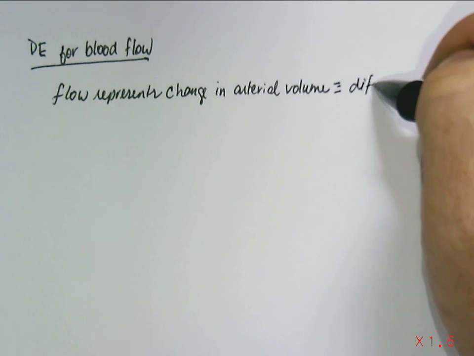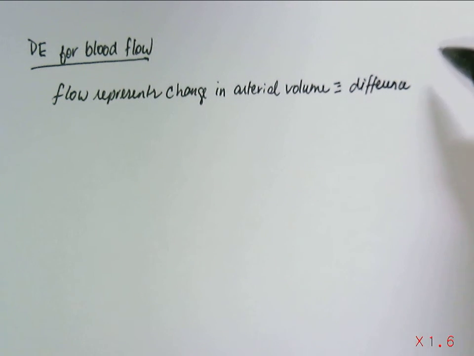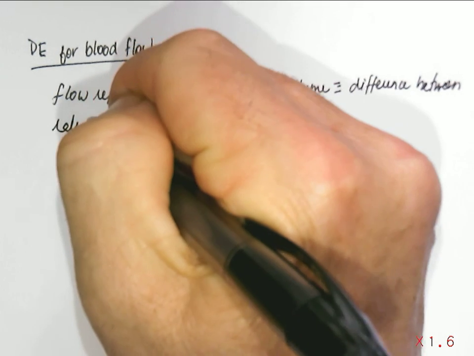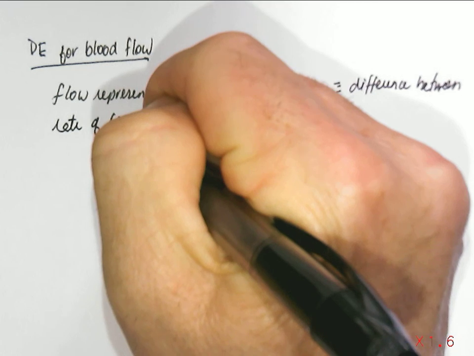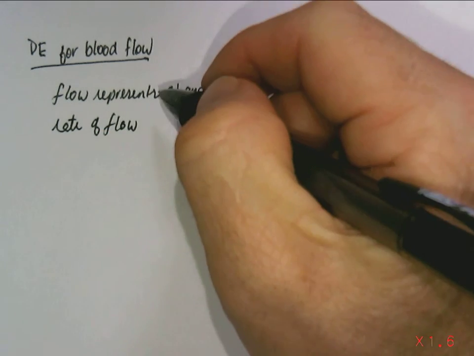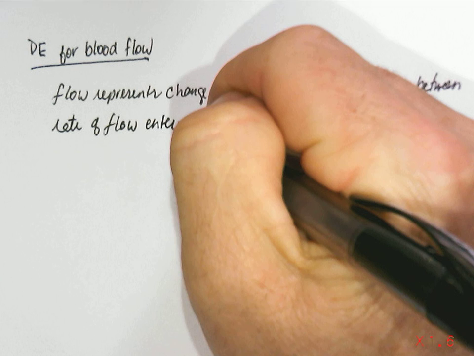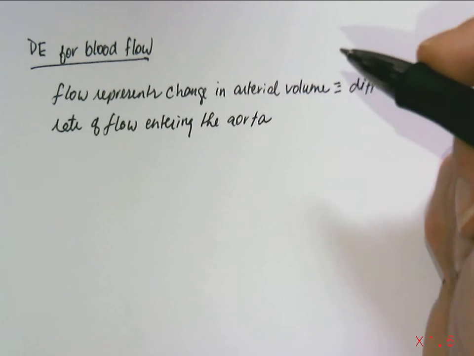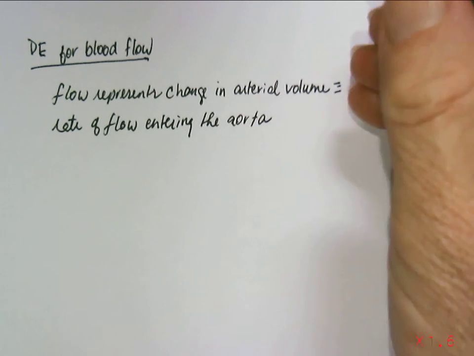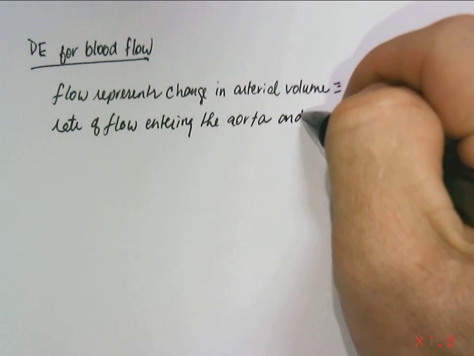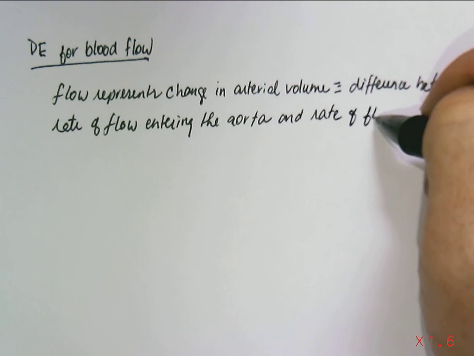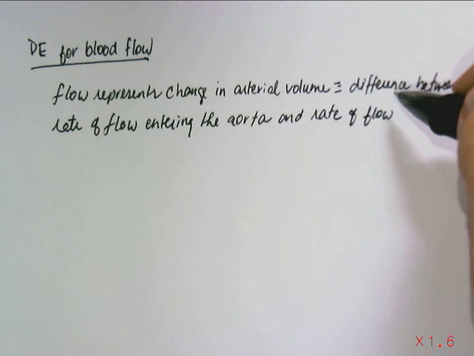And this is modeled as the difference between the rate of flow entering the aorta, which remember is going to be pumped to the rest of the body, and the rate of flow from it.